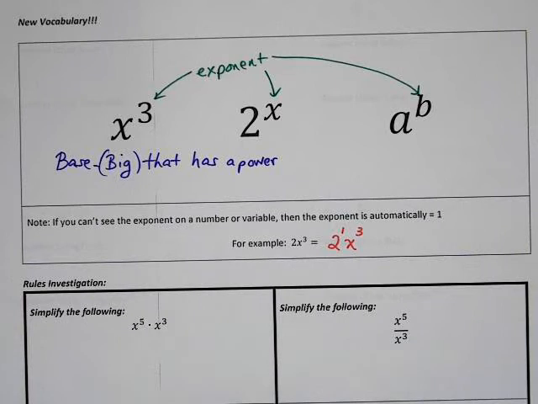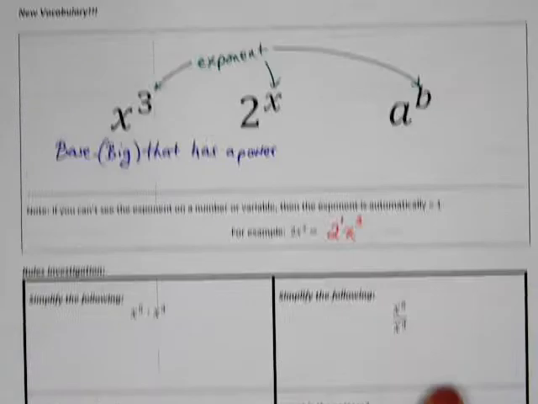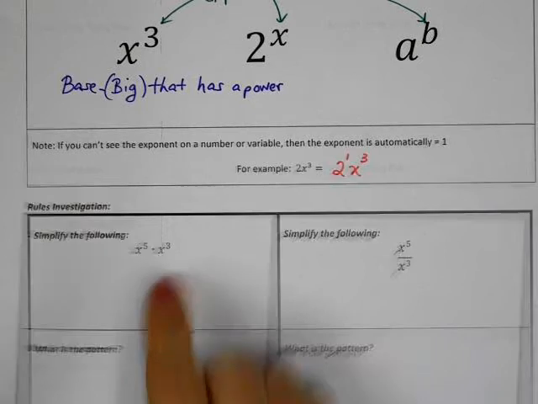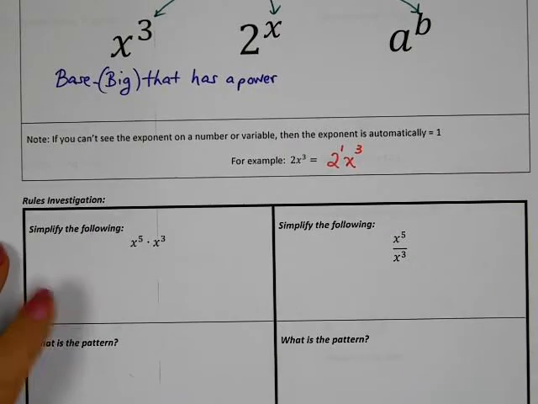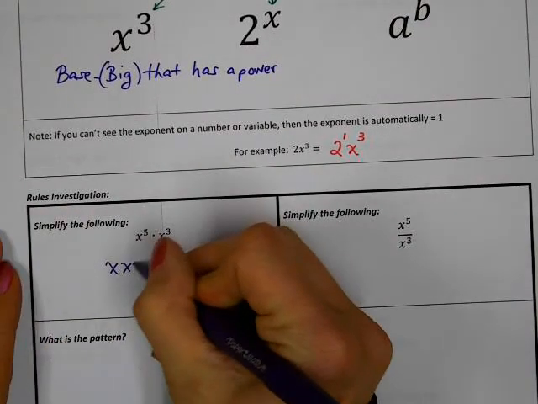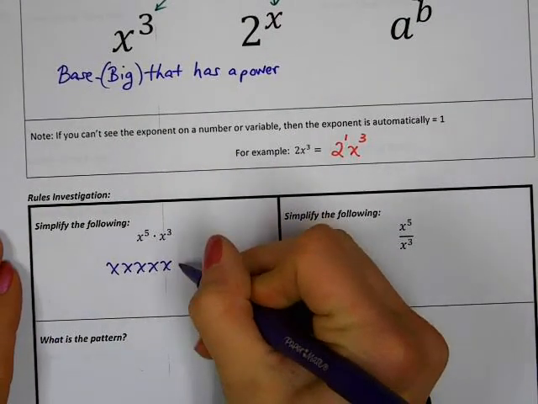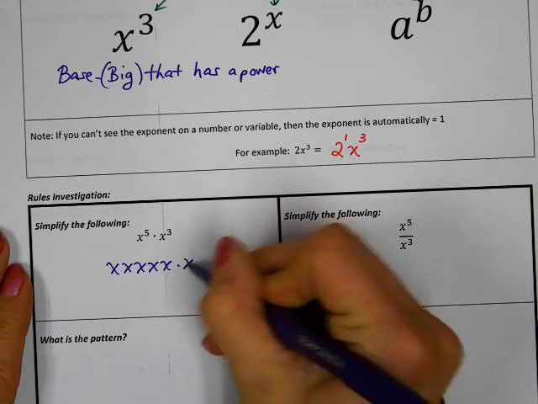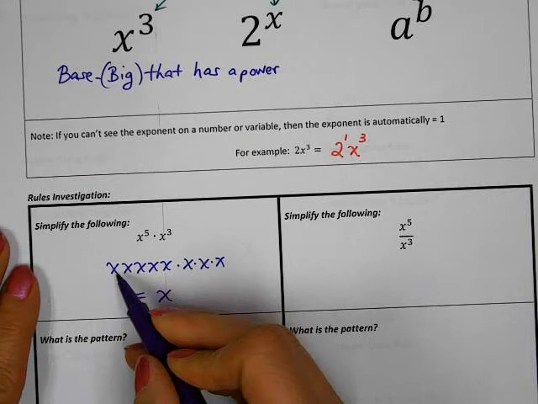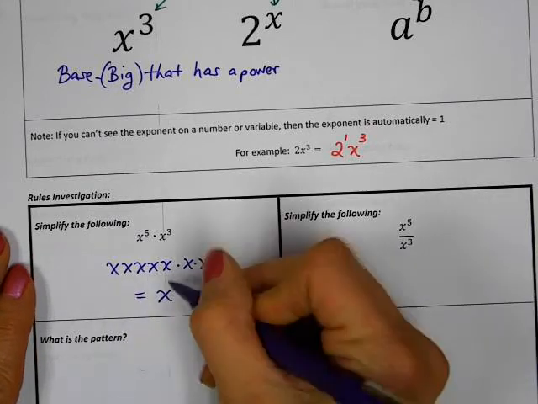All right, yesterday we investigated some things, and so if you have something like x to the fifth times x to the third, we're going to simplify by writing 5 x's times 3 more x's, and then we noticed that this was x to the power of 8.